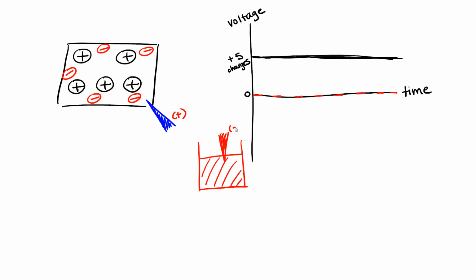So that's your negative electrode. And the two, of course, are connected by a wire with a voltmeter, which is what is reading out the voltage. All right, so that was pretty simple.